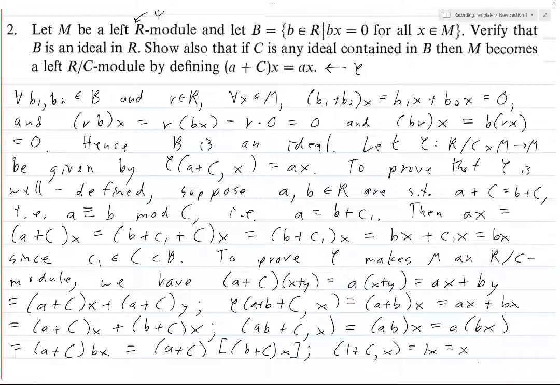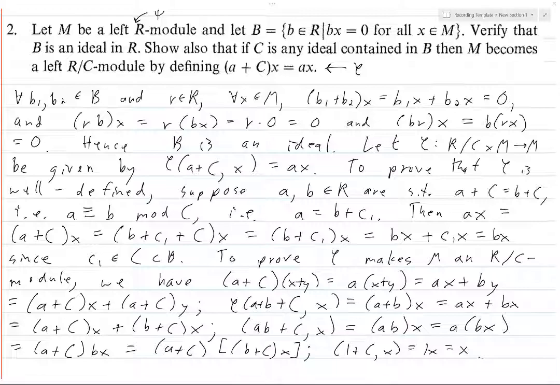What else? Oh, I guess there is nothing else. The next page was me trying to figure out where we use the fact that C is an ideal contained in B, and I couldn't figure it out, so I left this problem for a couple weeks. Then I realized that if it's not a subset of B, then you can't prove that it's well defined.